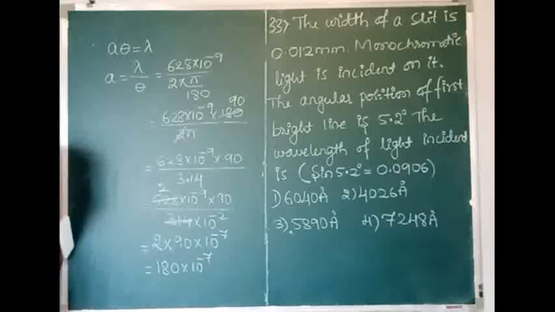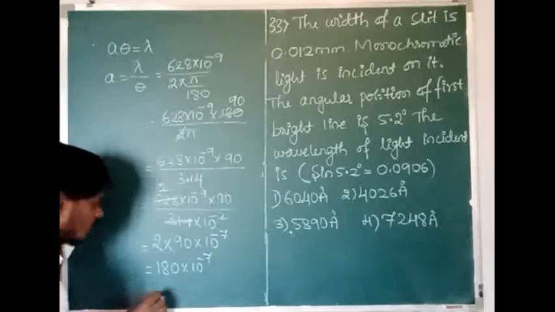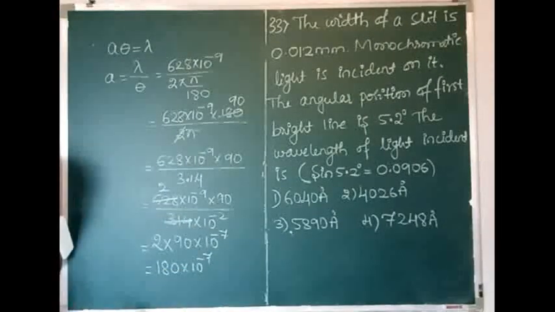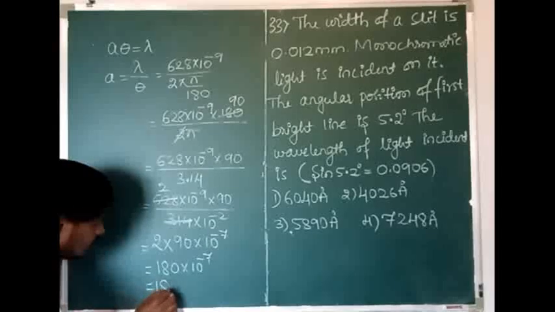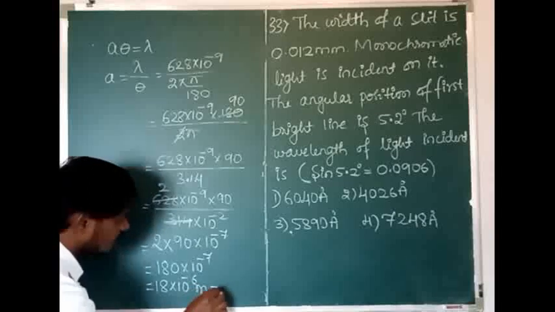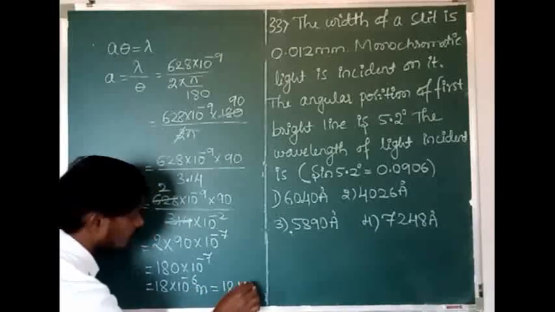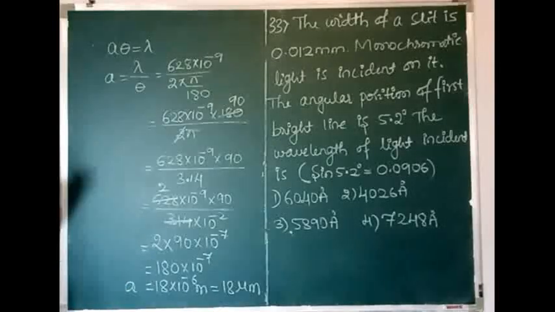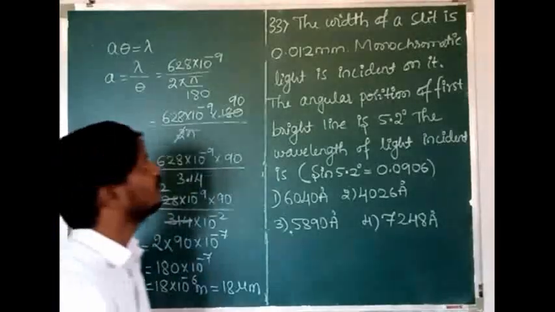But here the answer is given in micrometers. So I will displace the decimal point after one digit in the left direction. We can write 18 into 10 to the power of minus 6 meter. That is 18 micrometer. It is the size of the aperture, that is A. Then next question.